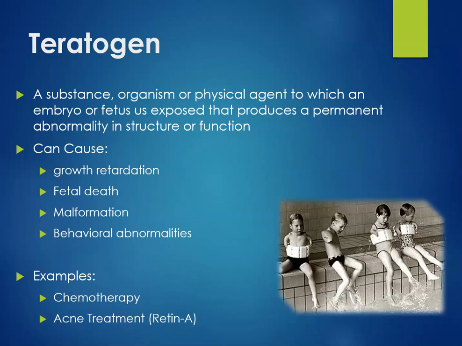And the other one is Retin-A. If anyone's ever taken Retin-A, you basically have to sign your life away that you're going to either not have sex, or if you do, you're going to use like 27 forms of birth control, because Retin-A is a known teratogen and can cause many birth defects.